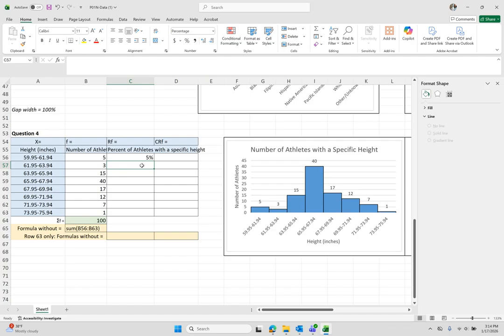So again, here I want to do equal this number of athletes in this class divided by the total number of athletes, and keep going. Now, if I have thousands of rows, I really do not want to be typing this by hand because it defeats the purpose of using a tool that has much more potential.